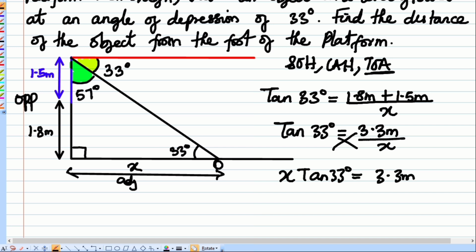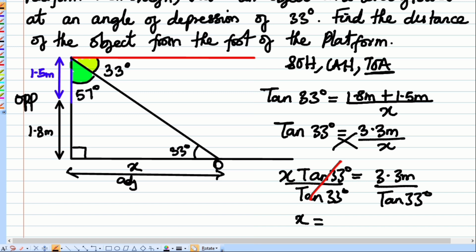So we just divide both sides by tan 33 to get x finally. So I'll divide both sides by tan 33. So tan 33 is going to cancel tan 33 there. So we're going to have that our x is equal to 3.3 divided by tan 33.